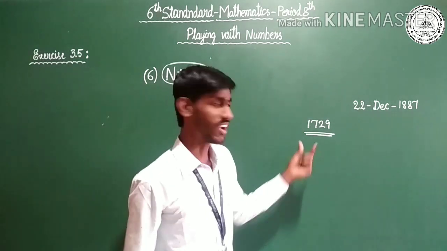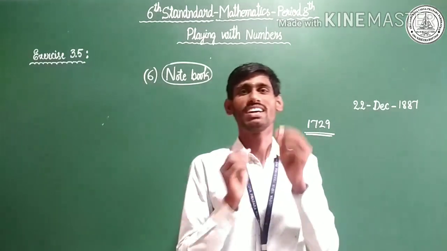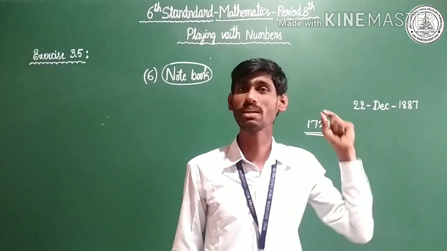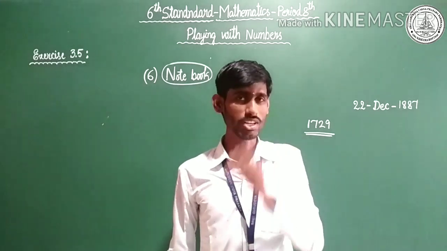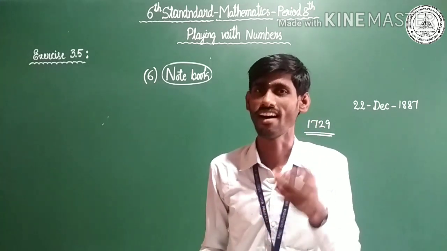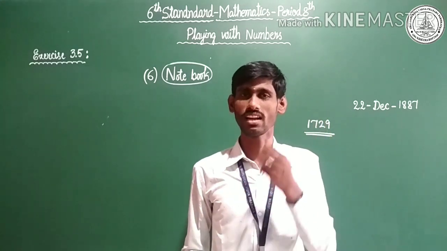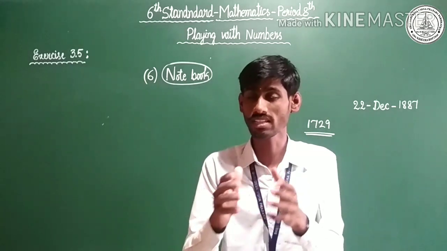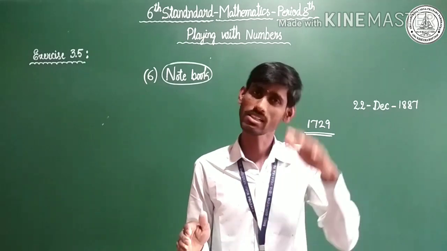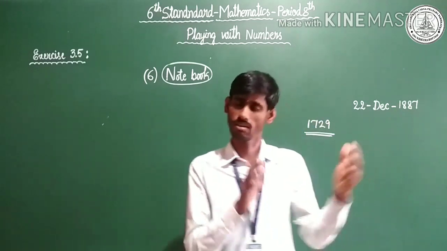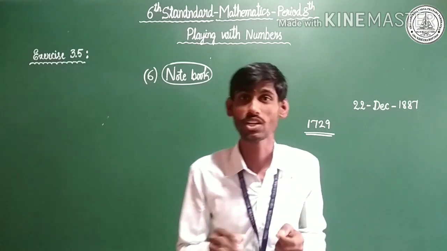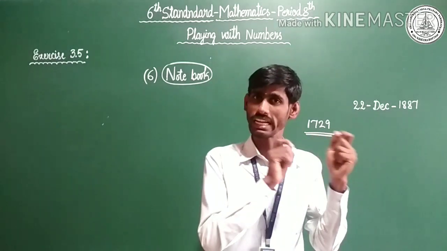Dear children, I would like to share with you one famous incident which I have read in a book. Ramanujan and Hardy. Who is Hardy? Hardy is also a mathematician, also famous. Dear Chotu, Ramanujan was not well one day.